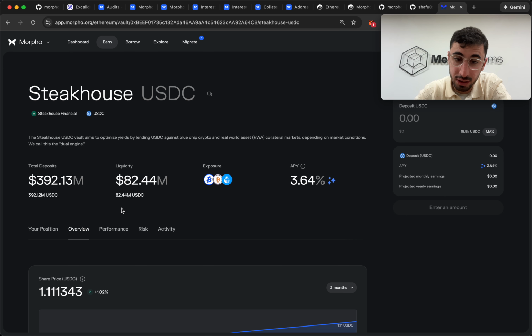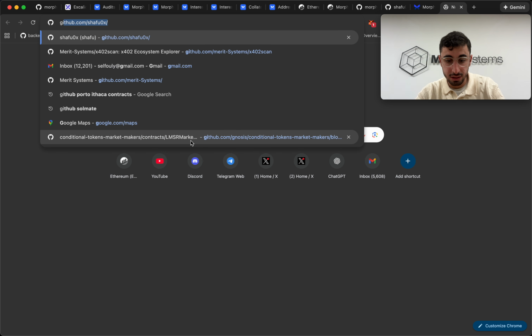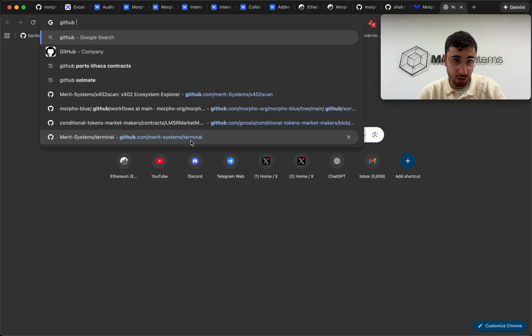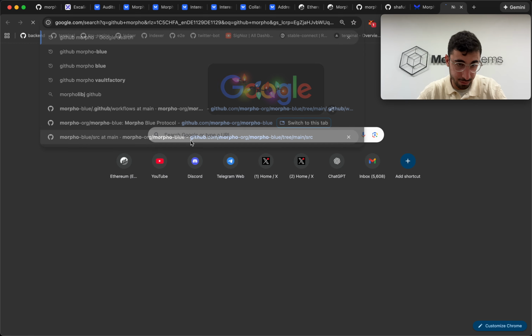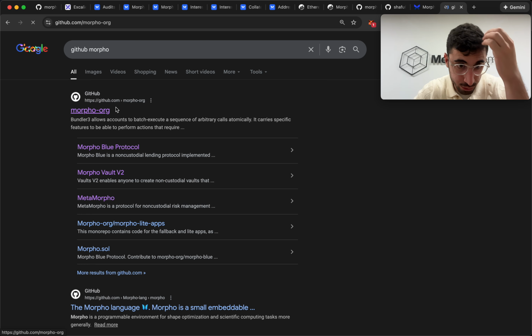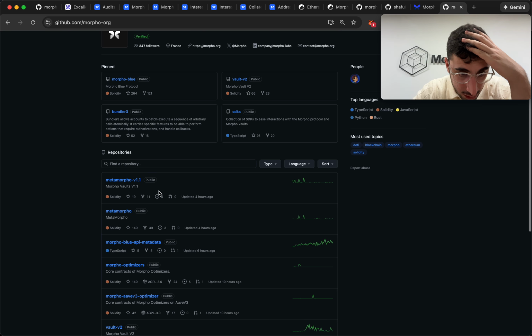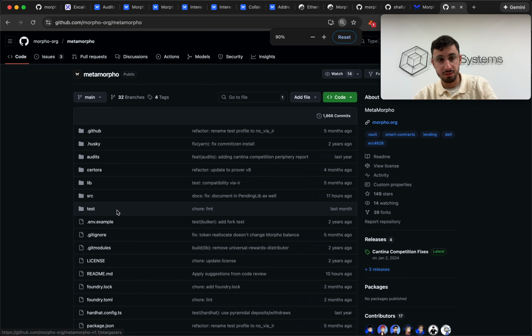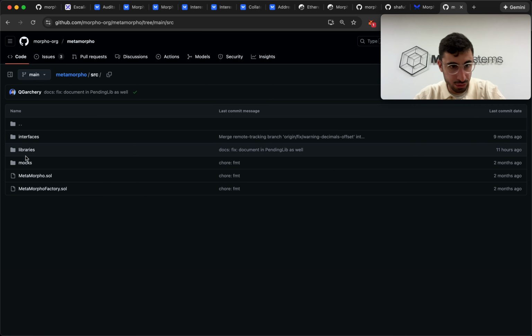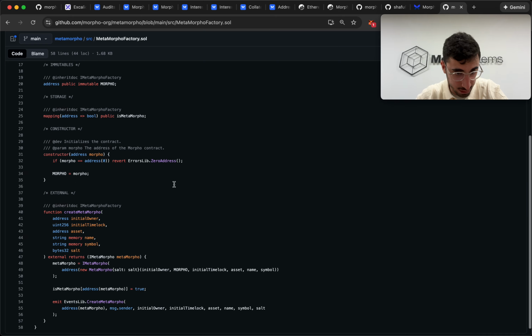A vault is an aggregation of Morpho Blue markets, and these are created through Metamorpho. Look at the Morpho org. Metamorpho is used to create these vaults that you see.